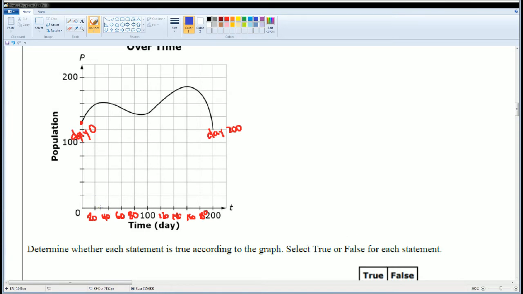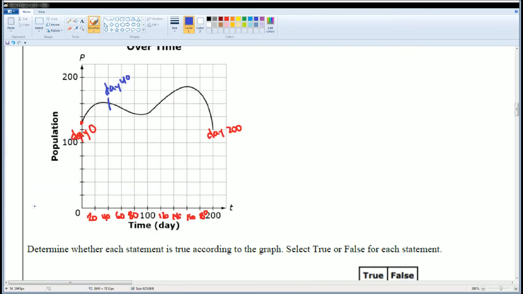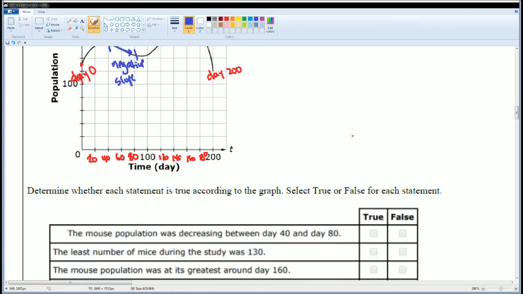Day 40 is up here, right? So this is day 40. And we are also looking at day 80. Is it decreasing? Yep. This does have a negative slope. Right? So we would say that is correct.